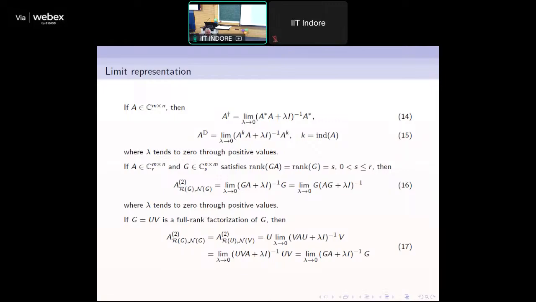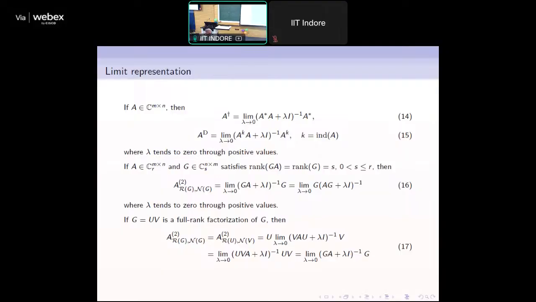We can reduce lambda to 10 to the power minus 4, which also gives a result. Then I tried many times even smaller values, 10 to the power minus 6, minus 8.